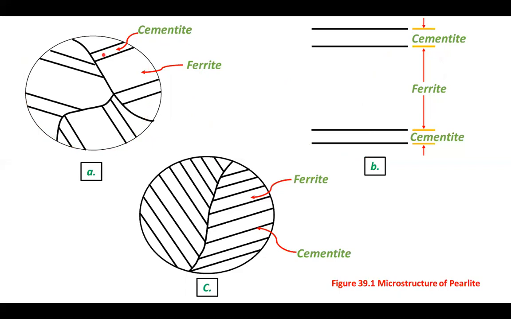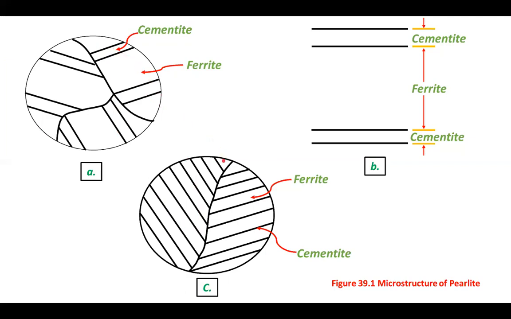So to compensate for this amount ratio, the ferrite lamella width is generally 8 times the width of the cementite lamella, and because it's a eutectoid mixture, ferrite and cementite are present as alternate lamellae. What I am trying to show through this figure C is that if the resolution of your microscope under which the microstructure is being seen is not very good, because the cementite lamella is very, very thin, if the optical microscope is not of very high resolution, it would not be able to resolve this properly, and these two black lines, the junction of cementite and ferrite, will appear to be joined.